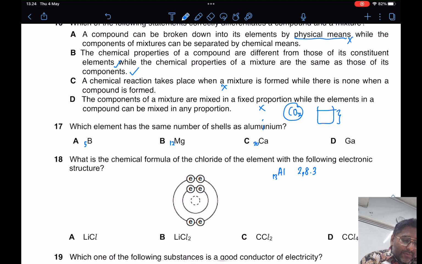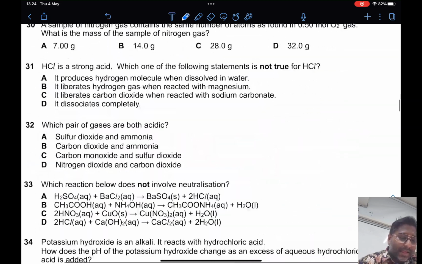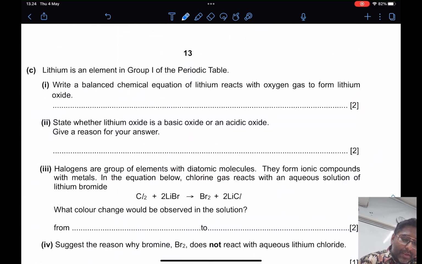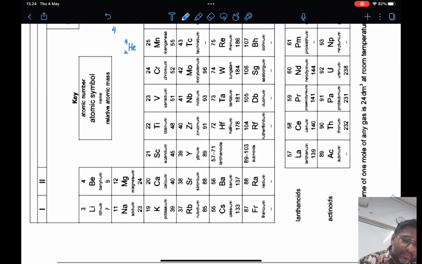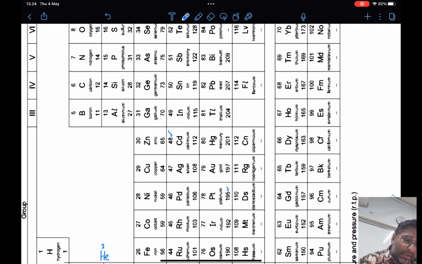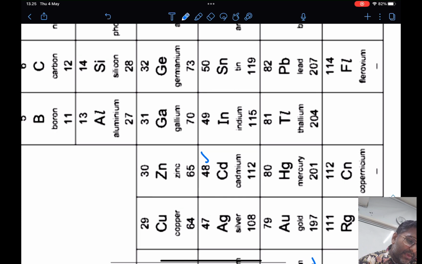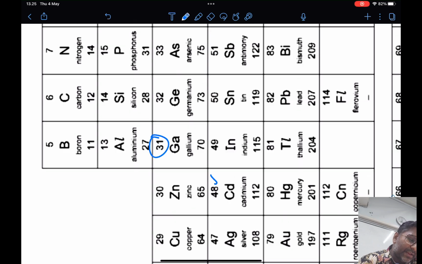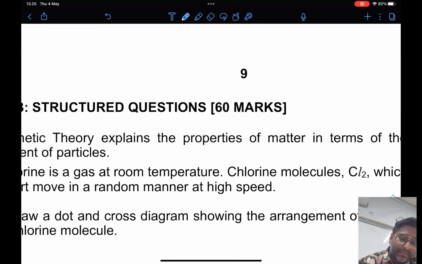This is 12. Calcium is 20. Gallium I don't remember, so let's look for gallium. Gallium, Ga, is 31.